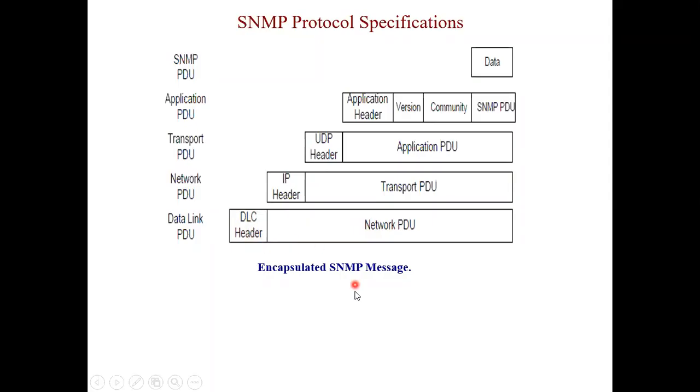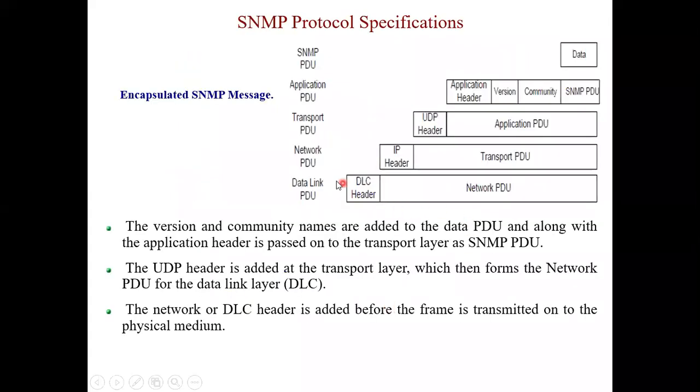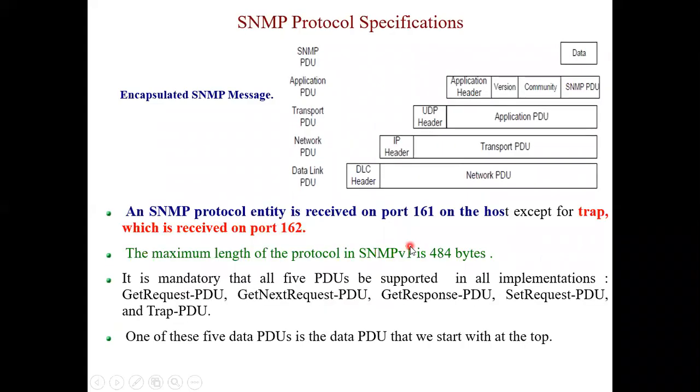Finally it goes to the physical layer. Then from the physical layer, as it goes to the top, one header is removed at each layer, and then again we have the data. This is how the encapsulation of an SNMP message takes place.